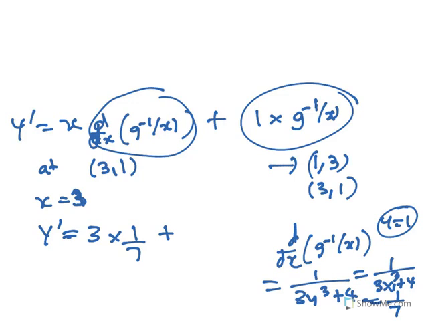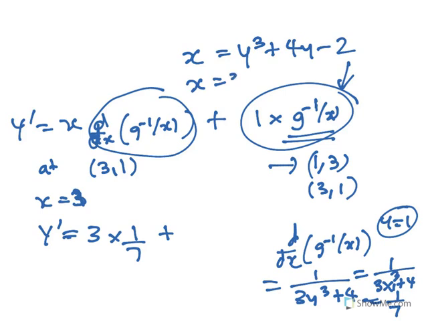Okay, so if you're looking at that there, that means on the new graph we are after the y value. So we go x equals y cubed plus 4y minus 2, and we want to know what the y value would be on this new graph when x equals 3.